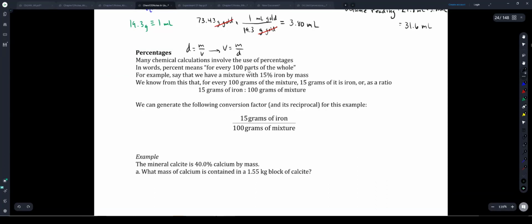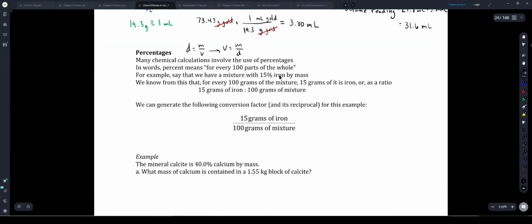And what is a part, what is a whole? It depends on the context. You have to figure it out from what's being described. So let's say I have a mixture and it's 15% iron by mass, meaning grams. The part is the iron, 15% iron.